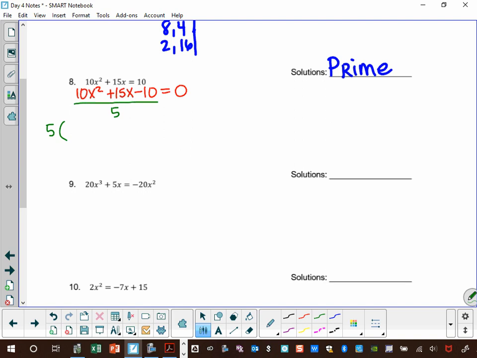So 10 divided by 5 is 2x squared. Be careful, you don't subtract it, make sure you're dividing. So 10 divided by 5, I have 2, then x squared. 15 divided by 5 is 3. I'll just bring down my x. And then negative 10 divided by 5 is negative 2.